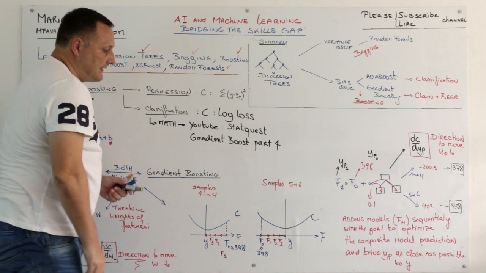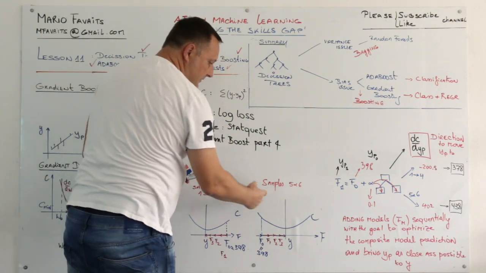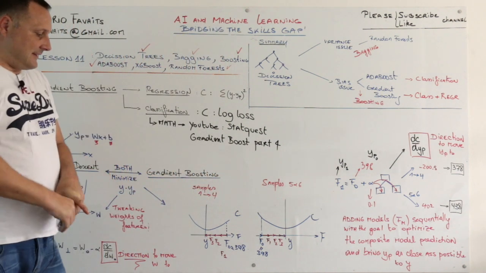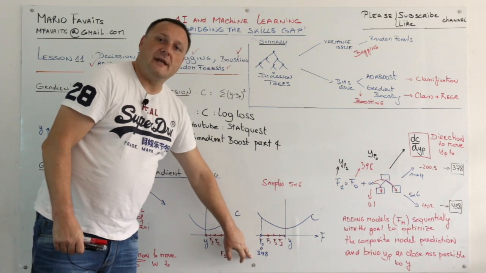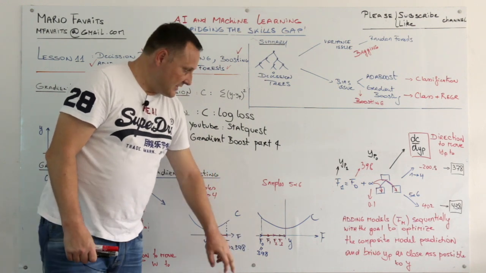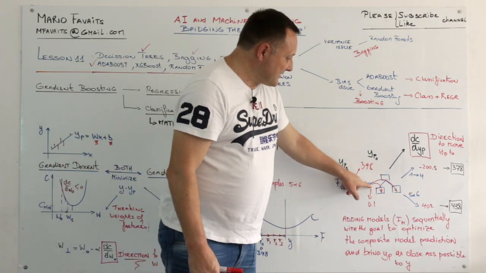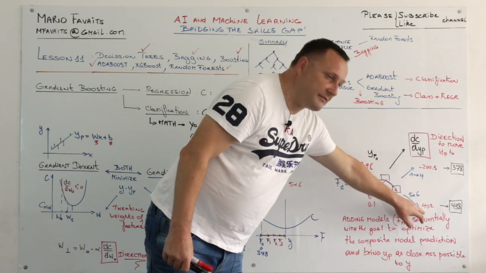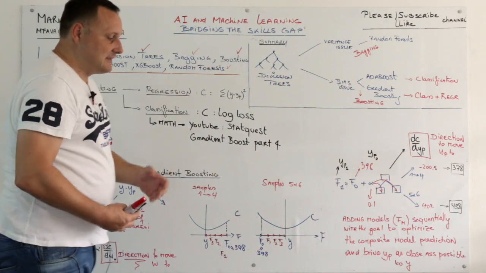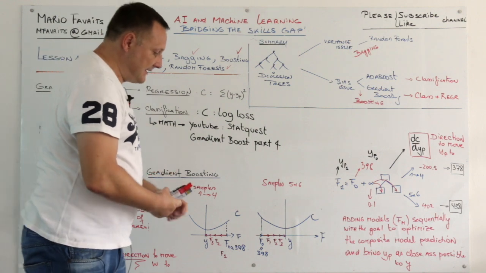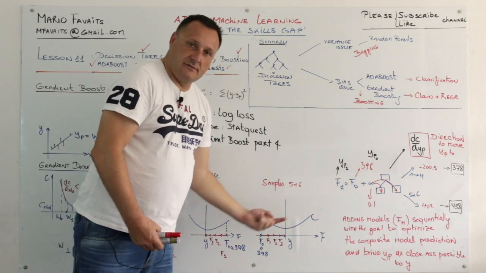In the other case, we have the cost function here as well. F0 is still 398. But in this case, it will be plus alpha times something positive, 402 divided by 10, which is 40. So we're going to add 40 and we go in this direction.